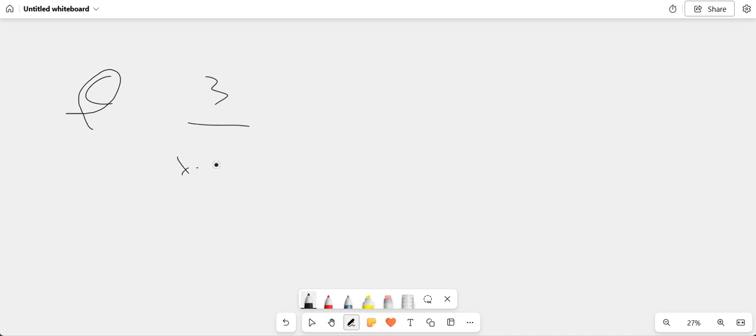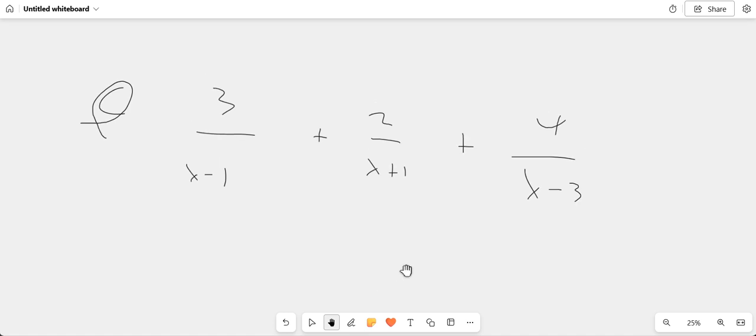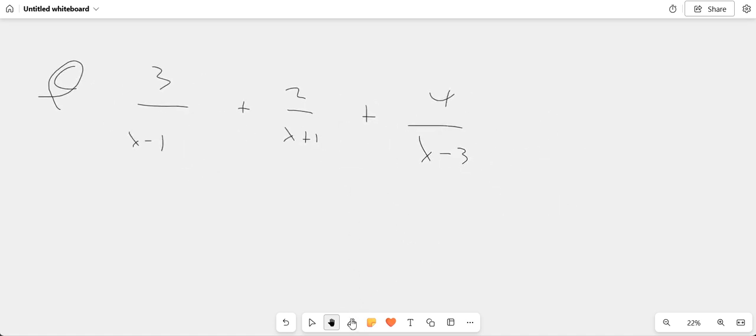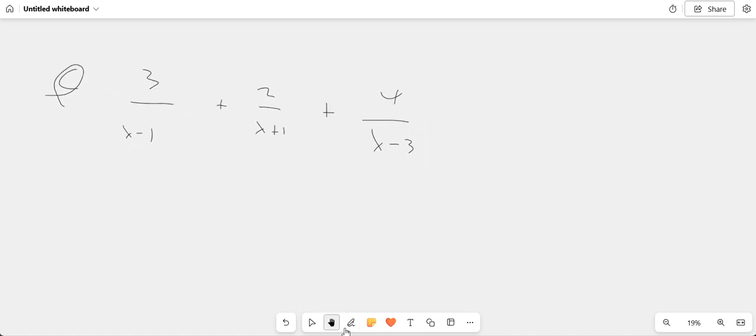3 over x minus 1 here, plus 2 over x plus 1 here, plus 4 over x minus 3. Okay, so again, combine the first two here.